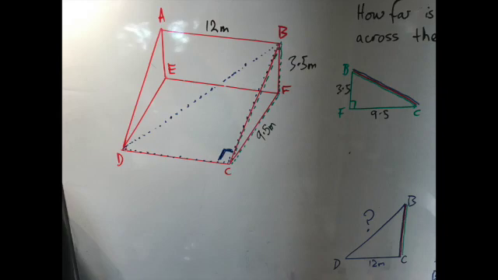If I transfer that 12 meters across from AB down to DC, I can also fill that in the bottom triangle. But in that bottom triangle, I've only got one known side. I need two known sides to be able to figure out that missing hypotenuse. So that's where I'm going to use my answer from the first green triangle and then fill in that extra length in the blue one.